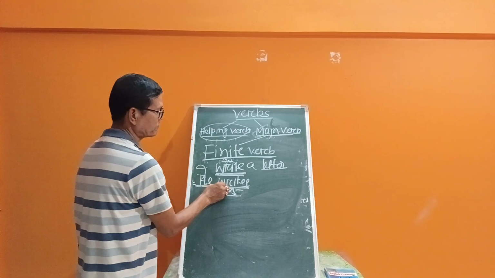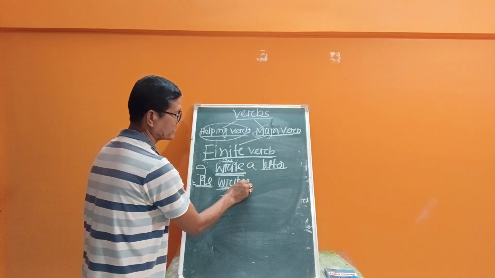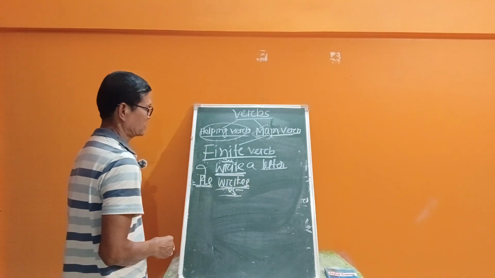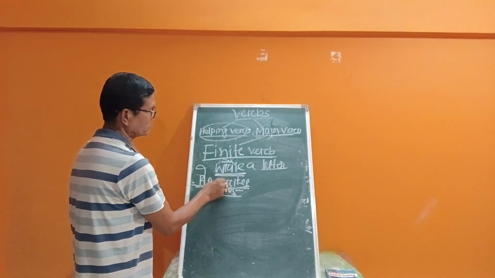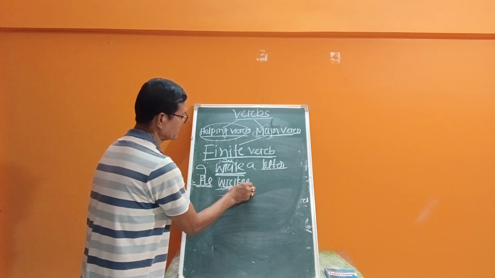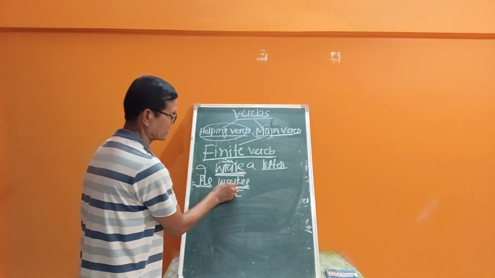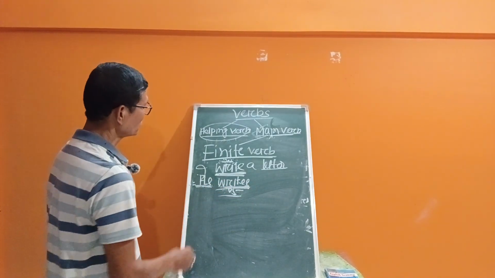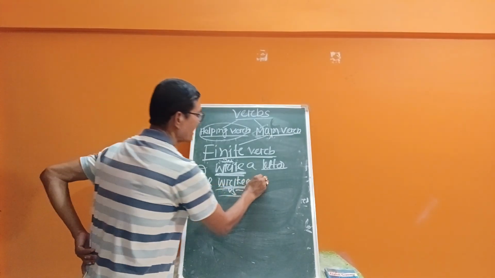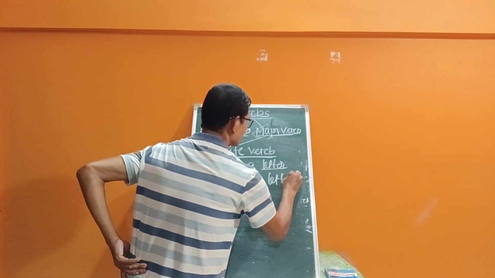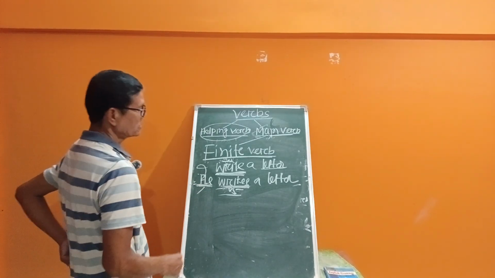That's why in the present indefinite tense, the verb will take s or es, isn't it? For the third person singular number. That's why you change it from here. You should write writes in lieu of write. Because there is a change of the persons now. That's why he writes a letter, isn't it? If you change the person, the form of the verb will be changed.